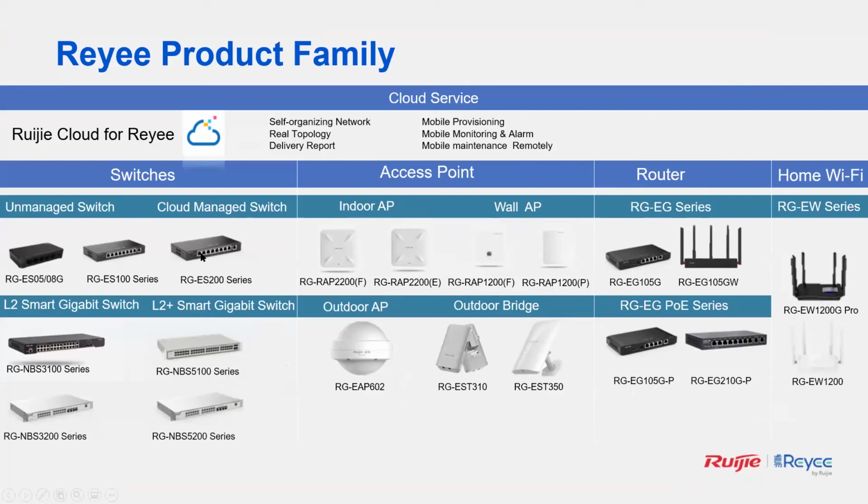This is for CCTV projects, with few features, but enough for a CCTV project. The next is the outdoor bridge, used for the point-to-point scenario. We have two EST product lines, and the final one is home Wi-Fi, RGEW, for your home with mesh support.